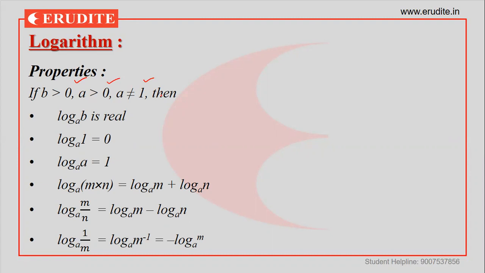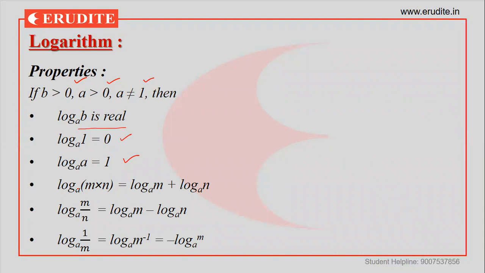Whenever this much is given, log of b to the base a would be a real number. And log of 1 to the base anything would be nothing but 0 always. Log of a to the base a, that means any number to the same base, would be 1. Also we need to keep it in mind.